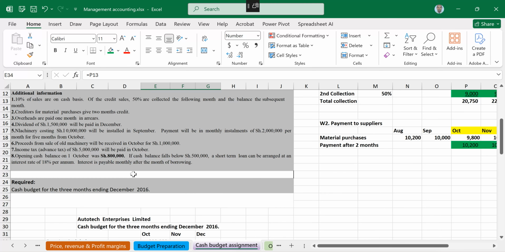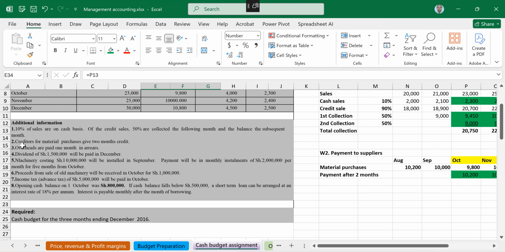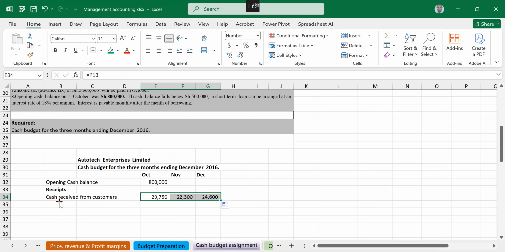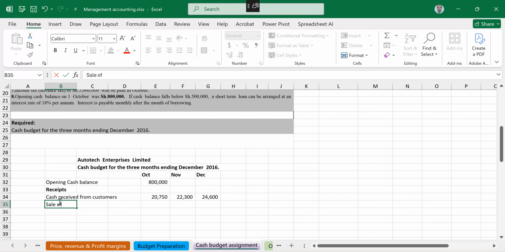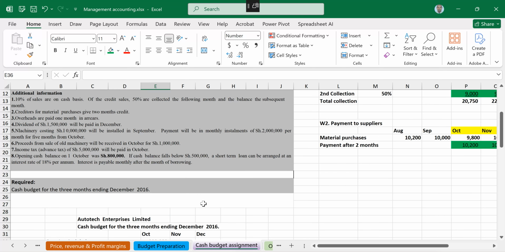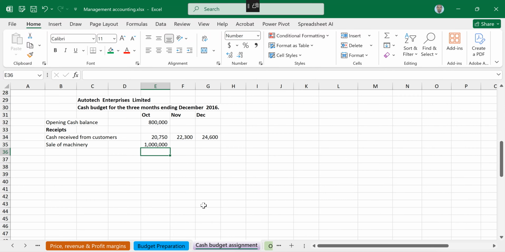Now, another receipt, number 5, this is a payment. Number 6, proceeds from the sale of machinery of 1 million in October. Sale of machinery, 1 million in October. I think it should be truncated. These figures are truncated and I'm putting them in full.